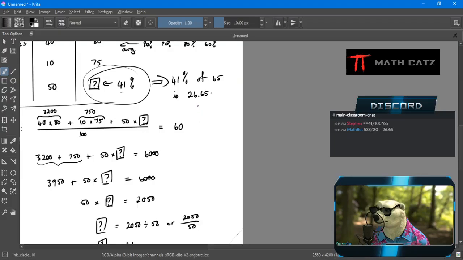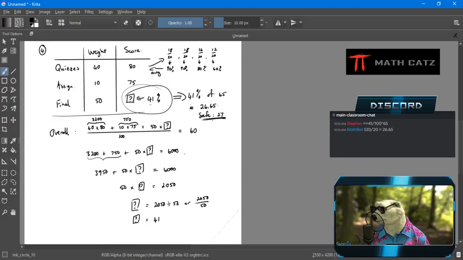So to be safe, she should probably get 27, just to make sure, since she can't trust half marks or smaller fractions of marks. Probably get 27 on her final exam to make sure she gets above 41, to make sure she gets an overall percentage of 60.